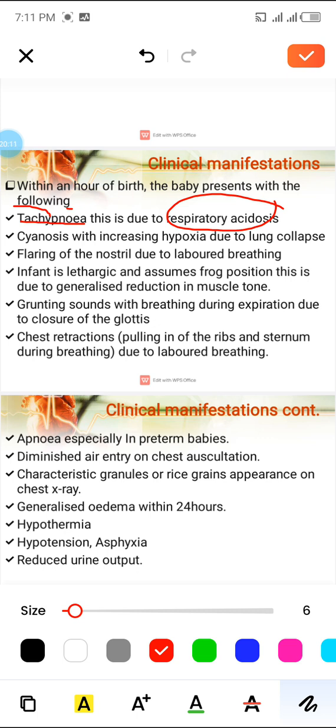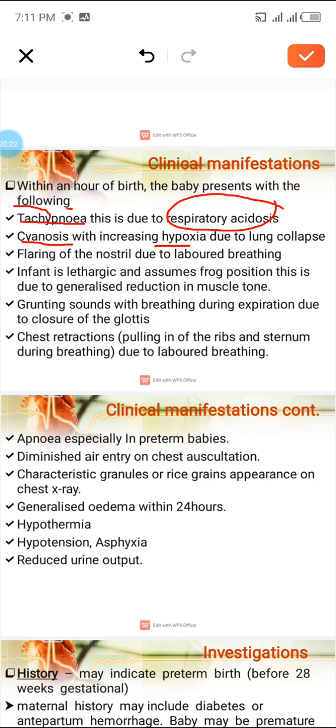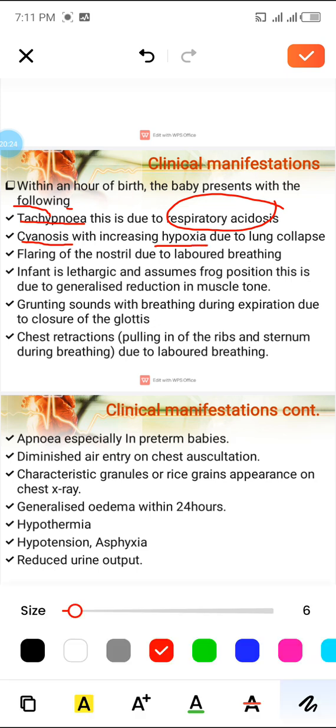Then there's also what we call cyanosis. When we look at cyanosis, we're looking at the bluish discoloration of the skin. So the child will become blue because of an increase in hypoxia, meaning that the tissues are not receiving enough oxygen as a result of lung collapse. Then the child also has flaring of the nose.